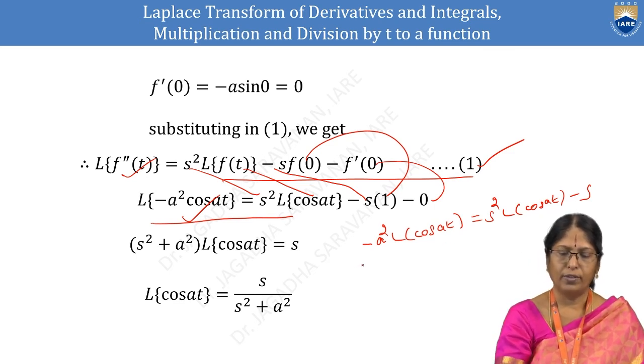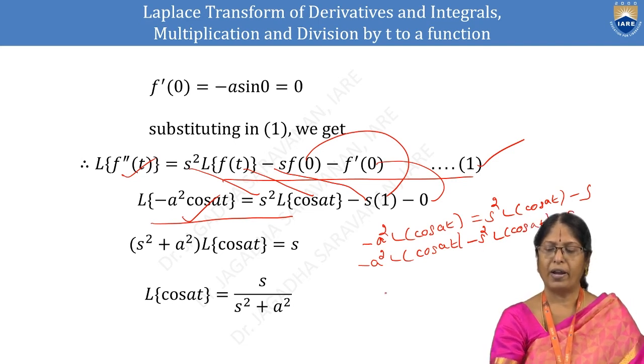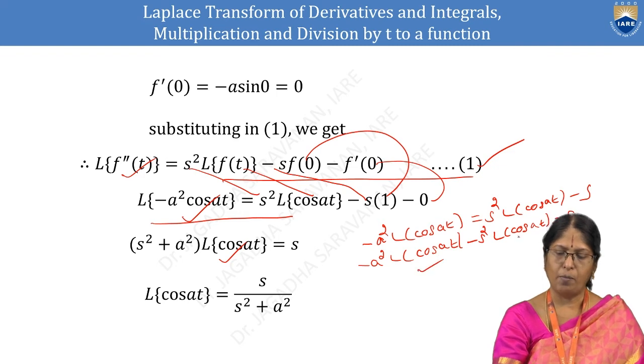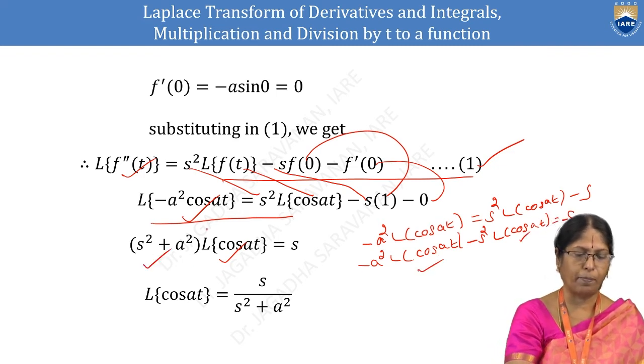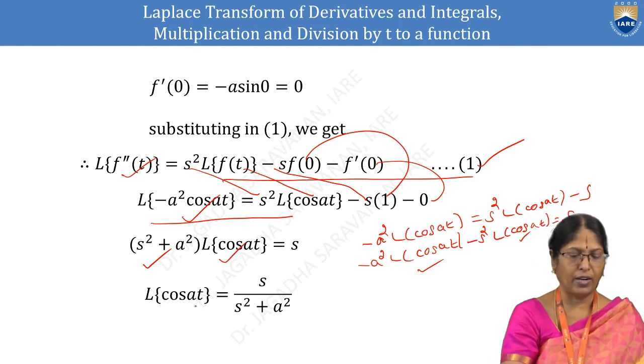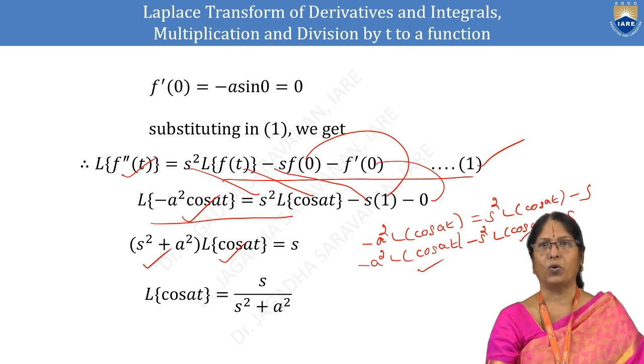So now this minus a square L of cos at, we are bringing to the other side: minus s square L of cos at equal to minus s. Throughout a minus is there, so we cancel it. Then L of cos at is common, so we take it out: s square plus a square, which is equal to s. So L of cos at equal to s by s square plus a square.